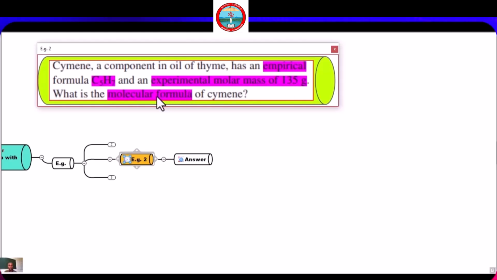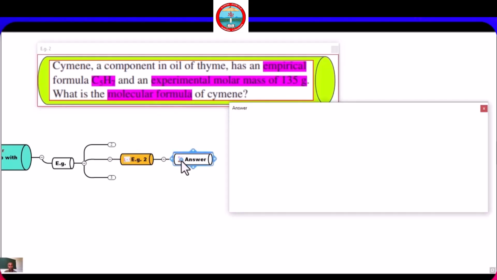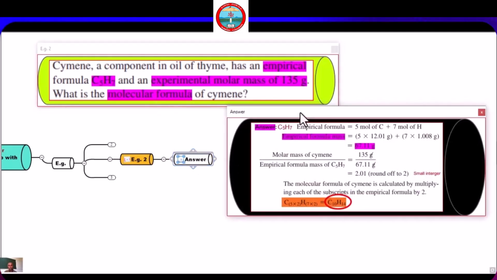How can you calculate this? Simply, the empirical formula is given, and you can calculate the empirical formula mass. We have 5 mole of carbon and 7 mole of hydrogen in this. So multiply the molar mass of carbon by 5, the molar mass of hydrogen by 7, and sum up the molar mass.